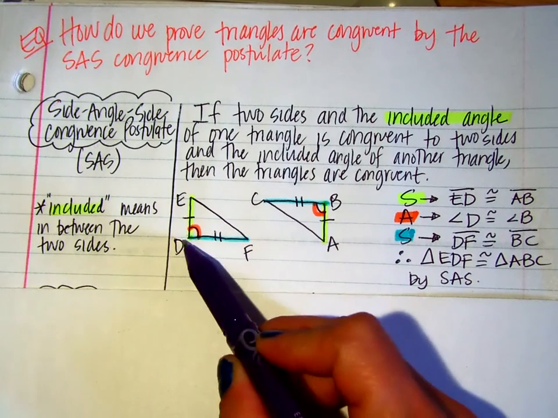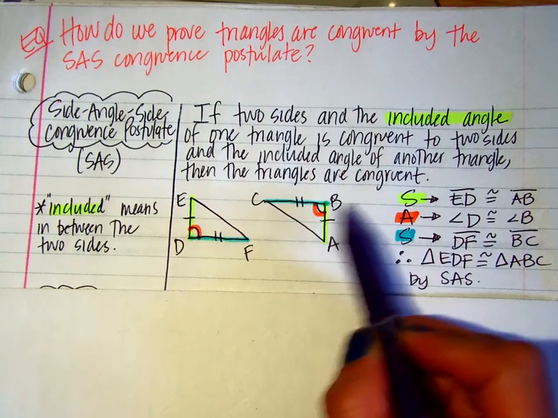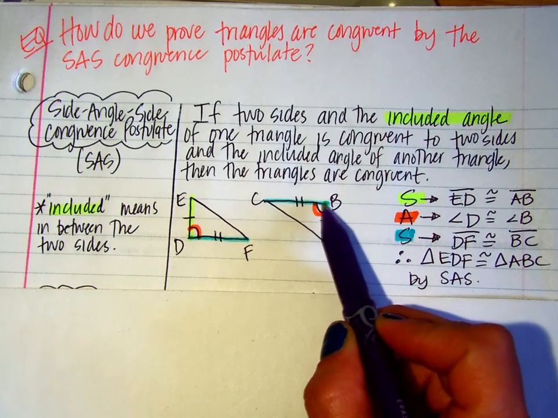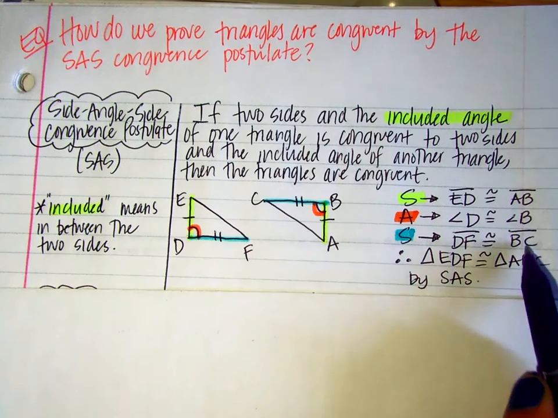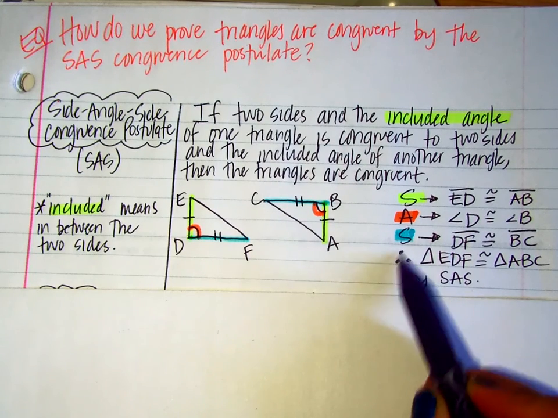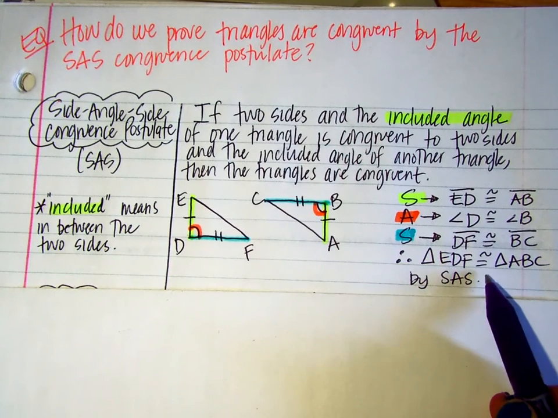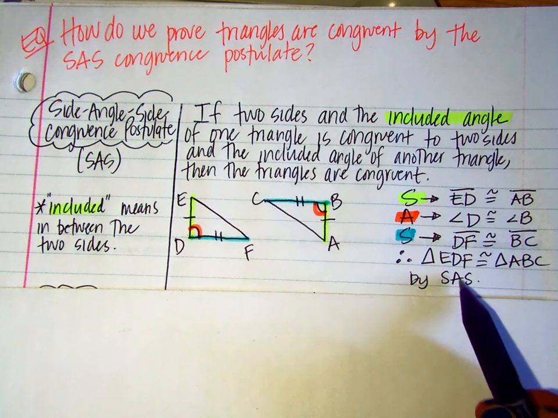And for side DF, I'm going from angle marking to no angle marking, so side DF is congruent to side BC. Therefore, remember these three dots mean therefore, triangle EDF is congruent to triangle ABC by side-angle-side.